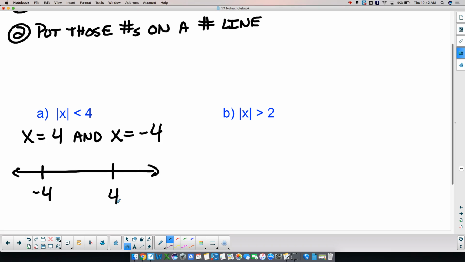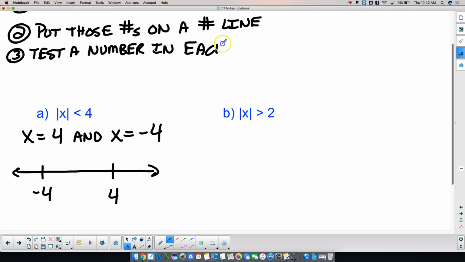If I have 1 number, that creates 2 zones. If I have 4 numbers, that creates 5 zones. And what I'm going to do is test a number in each zone.